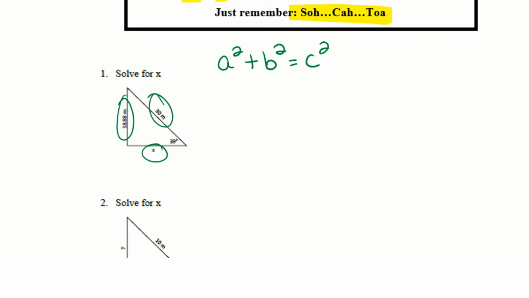It's up to you, whatever makes it easier. So for instance, c, which is 30 squared, equals b squared, which I don't know, plus a squared, which is 18.88 squared. 30 squared would be 900, and I just bring everything else down.